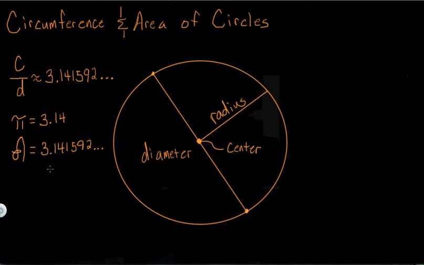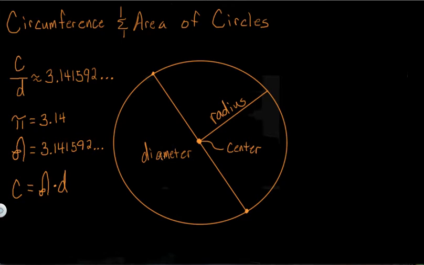So given this, we now have a formula that we can use to define the circumference of any circle. And so that is that the circumference is equal to our constant, again, which we call Y, times the diameter of the circle.